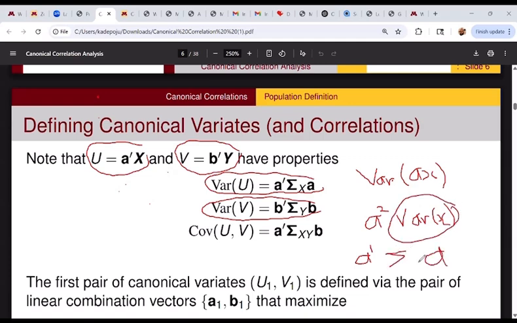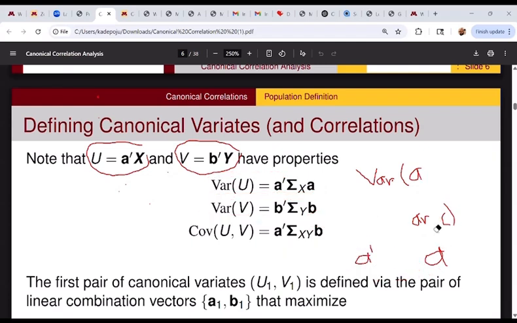You remember we've done all of that before. That's exactly what we're saying here. We are indicating a subscript X to tell the world that it's a covariation around the variable X. And this is the covariance between the two canonical variates. If I have that set up, everything else is going to be so easy.